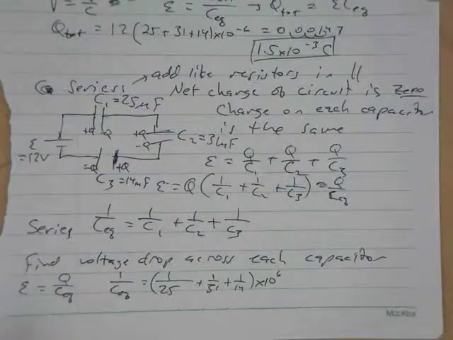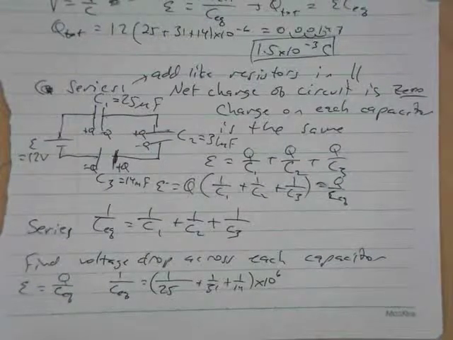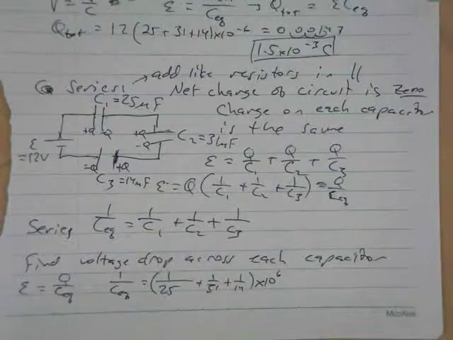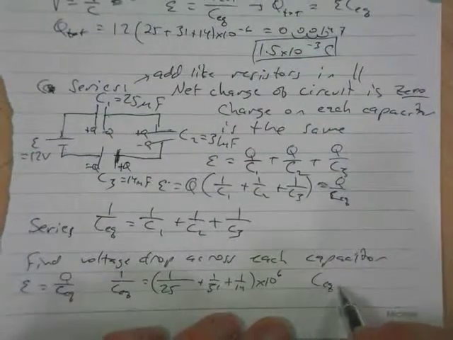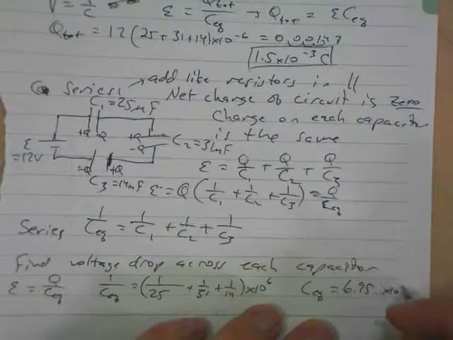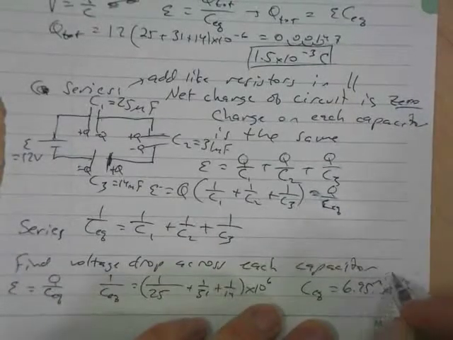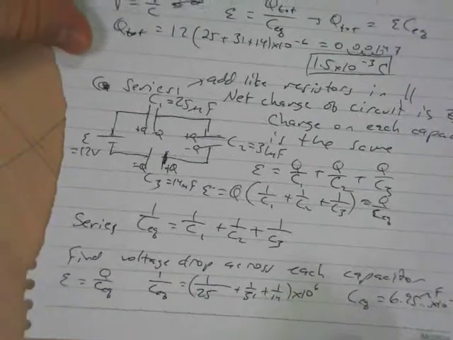We punch that into our calculator, and 1 over that, and we get that our equivalent capacitance is 6.95, etc., times 10 to the minus 6, so about 6.95 microfarads. There are more decimals there.